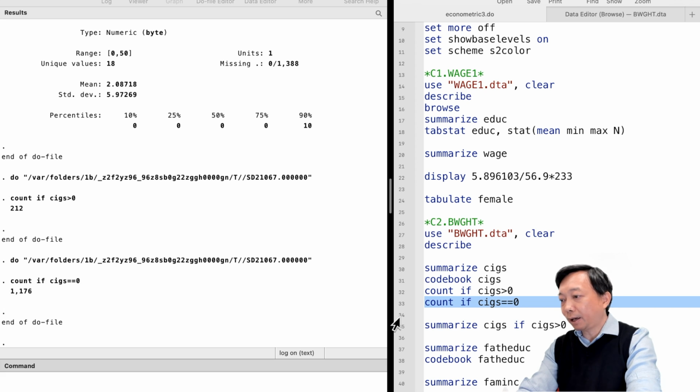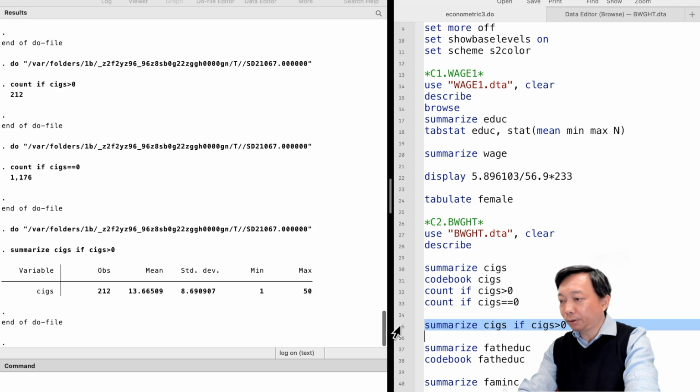It makes more sense to say that the typical woman does not smoke during pregnancy because the median is 0. For the women who smoked during pregnancy, the average is 13.7 cigarettes per day. It can be seen using the command summarize cigarettes if cigarettes is greater than 0.